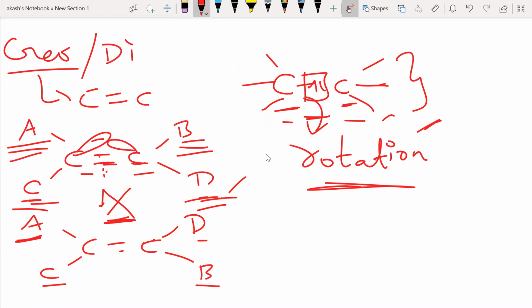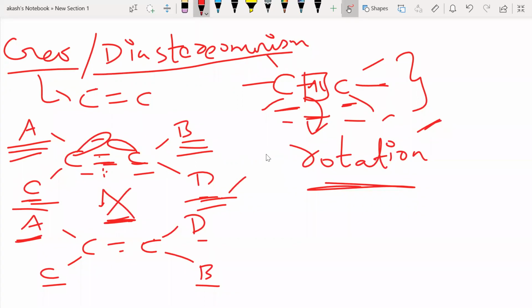So it's called diastereomerism. It's just a different name. So geometrical isomers are also called diastereomers. You will be using this term more and more in the case of optical isomerism, but still, geometrical isomerism or diastereomerism is going to be the same. Fine, so let us continue.